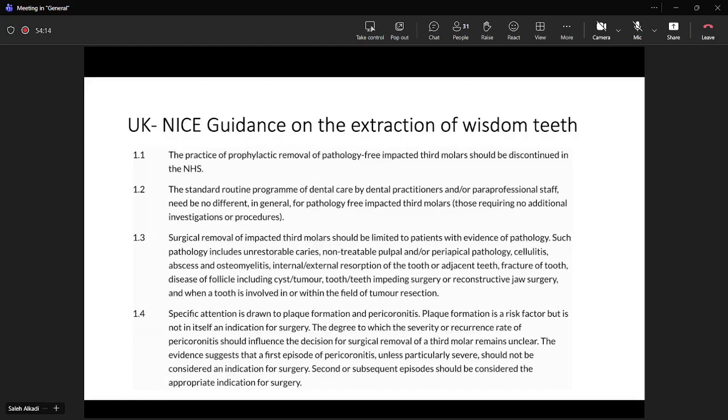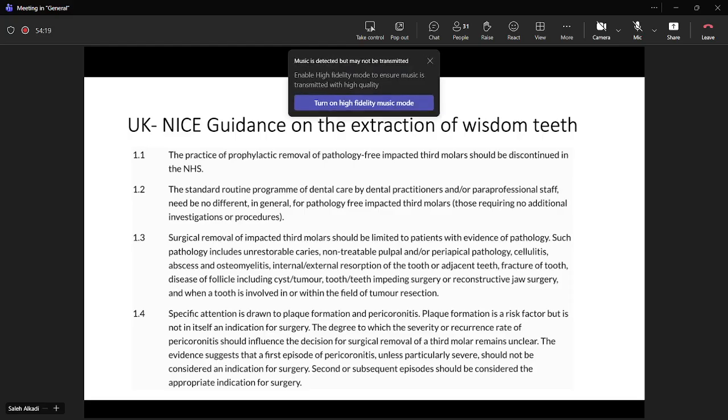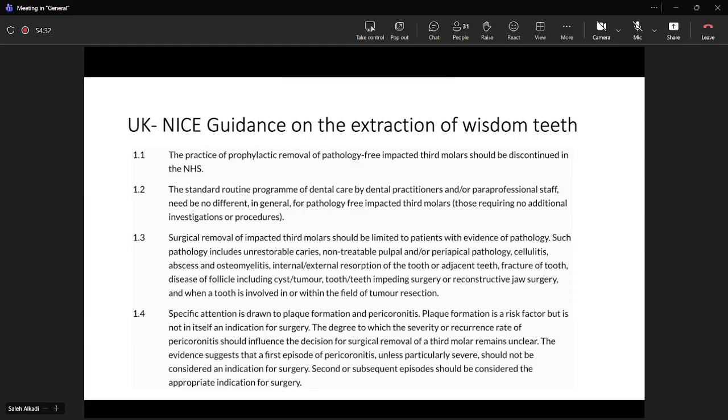And the removal of these wisdom teeth should be limited to the teeth with evidence of pathology. This pathology could include unrestorable caries, pulpal involvement, periapical pathology, cellulitis, abscess, osteomyelitis, resorption of the roots of the impacted tooth or the adjacent tooth, fracture of the tooth, cystic degeneration, tumor formation, or reconstructive surgery, or the tooth is within the field of, let's say, radiation or tumor resection.